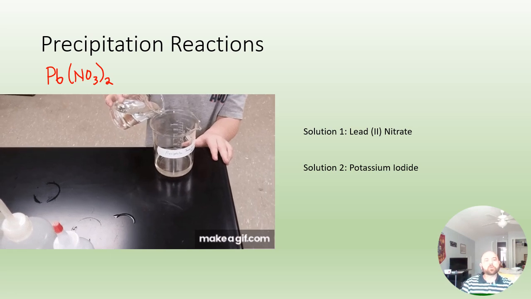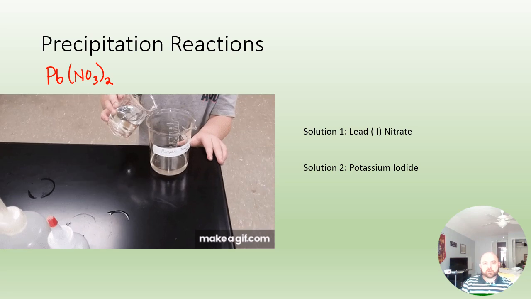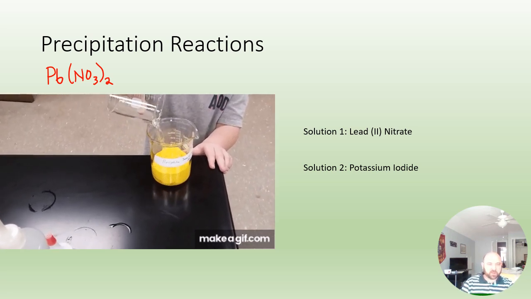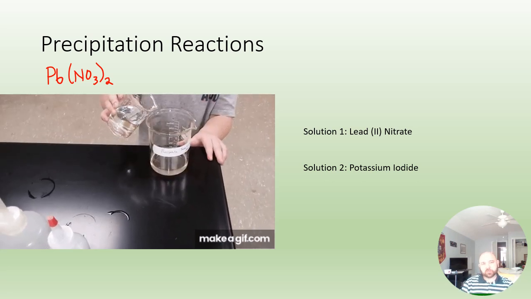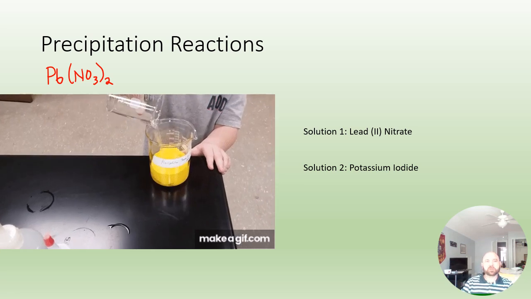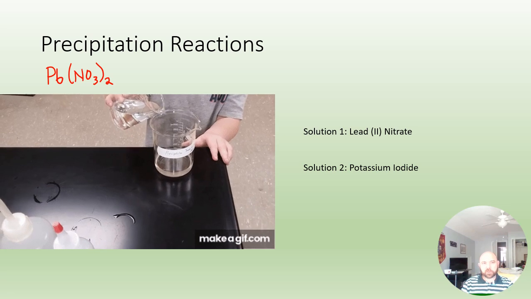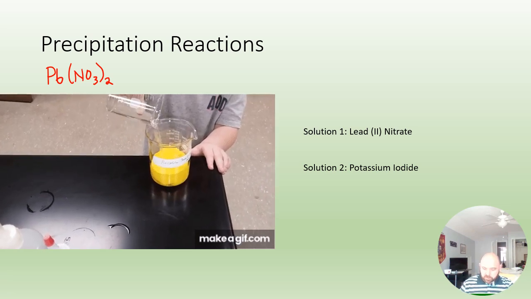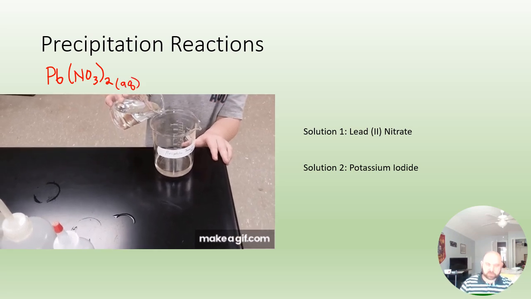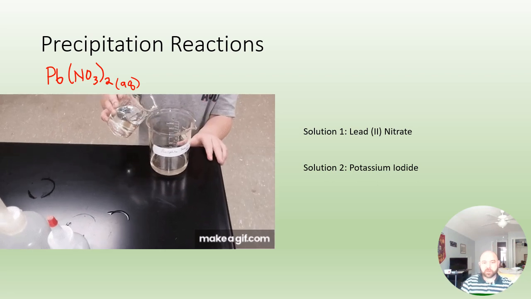If I write the formula using the rules I've established for writing ionic formulas, I must balance the charges. Lead 2 is a positive 2 ion, nitrate is a negative 1 ion, and so to balance them out, I would need 2 of the nitrates and 1 of the lead, resulting in the formula Pb(NO3)2. It is in aqueous solution. I can see that from the fact that it's dissolved in the water there in the clip.